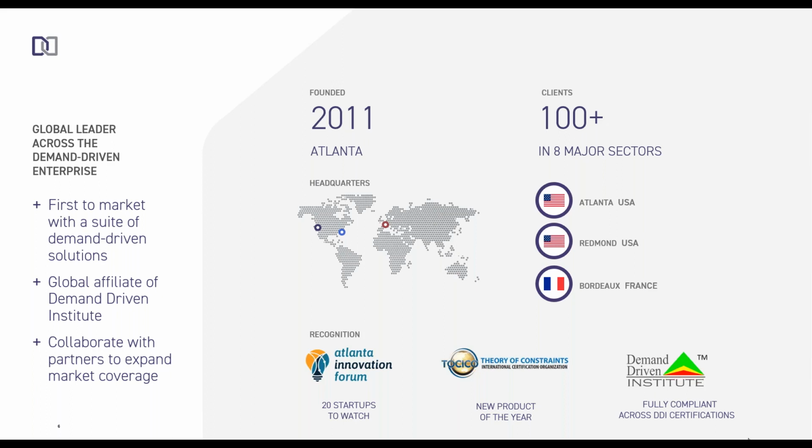We were the first to bring a demand-driven MRP tool to the market. We have successfully implemented with over 100 clients throughout the world, truly making us the global leader here in the demand-driven space with our suite of solutions. We are headquartered in Atlanta, Georgia. We have another office in the Seattle location. And then most recently, we opened up a European office in Bordeaux, France to help us service our clients throughout the world.